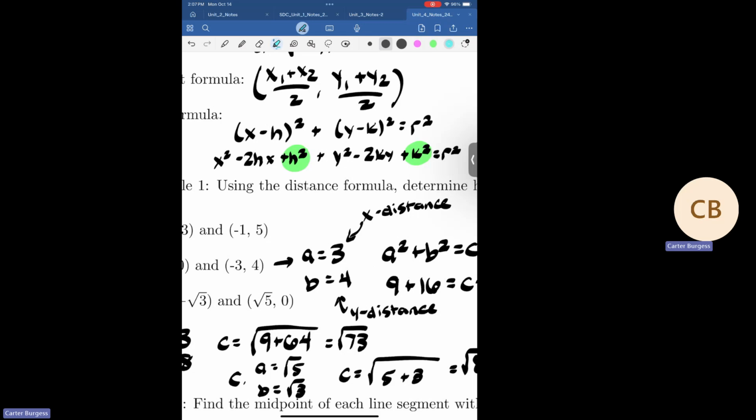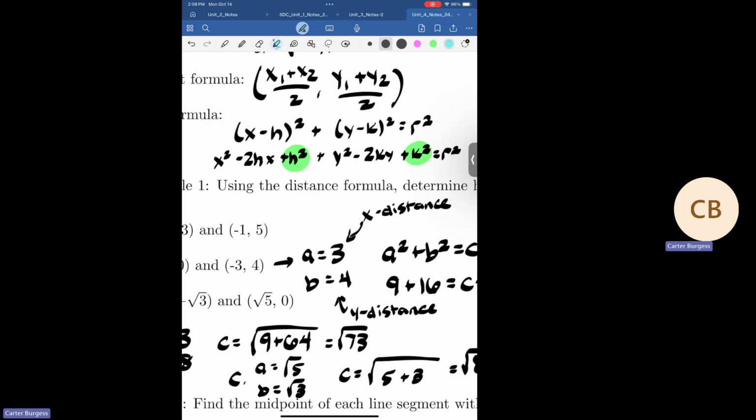What could be helpful here, though? h squared is off the table.